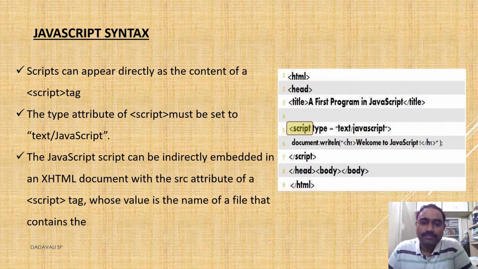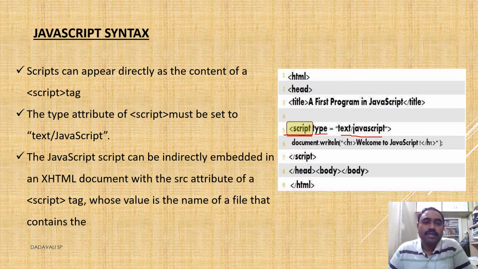You can observe the script tag. The type attribute of the script must be set to text/javascript. You must write type is an attribute, type equals, within double quotes you write text/javascript, and write the angular bracket.